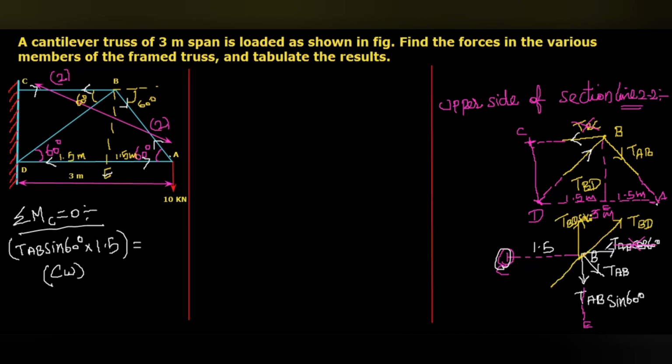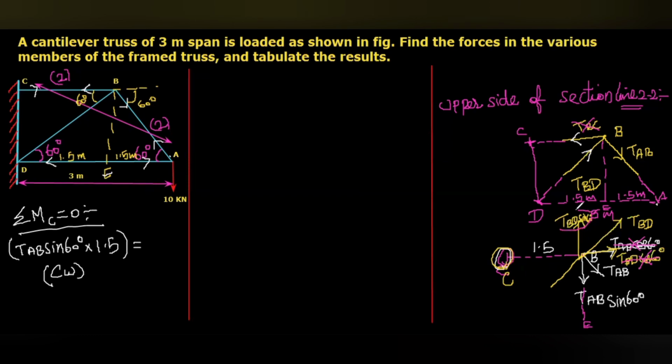This one will be the horizontal component, TBD cos 60. But here you can see that TBD cos 60 also passes through the considered point C. Here we are taking moment about C, so the TBD cos 60 line passes through the point C.